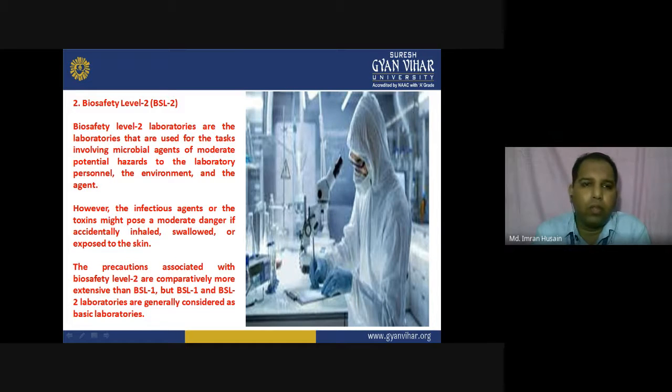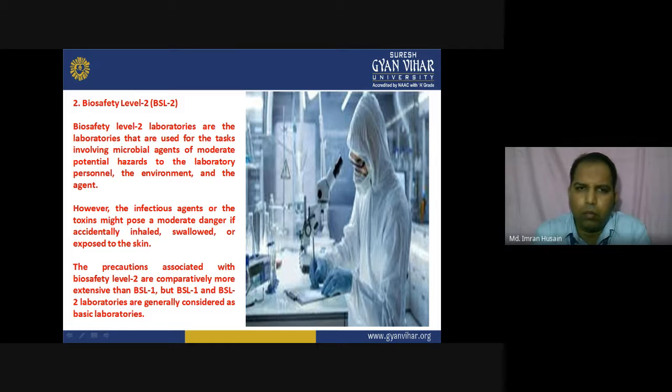Most of the time, when you are working in these facilities, the accidental exposure that occurs is due to inhaling only. The precautions associated with biosafety level 2 are comparatively more extensive than BSL-1, but BSL-1 and BSL-2 laboratories are generally considered as basic laboratories.